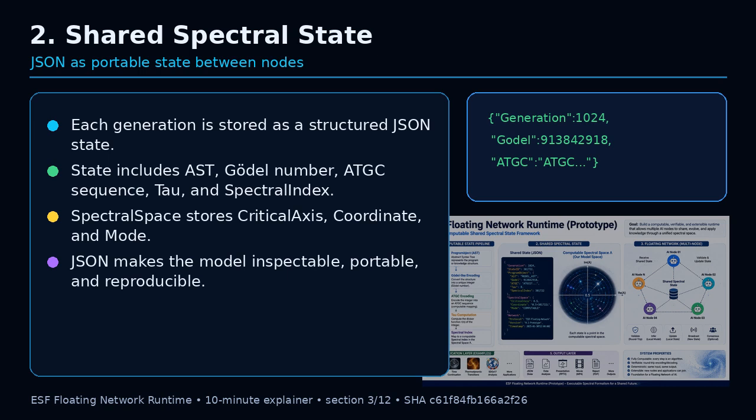Every generation can carry its AST label, Gödel-like number, ATG string, tau value, spectral index, protocol version, and timestamp. By using a structured state object, the runtime can become inspectable and reproducible instead of disappearing into a black box.